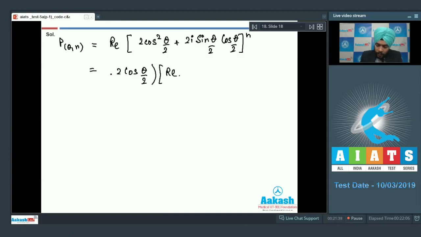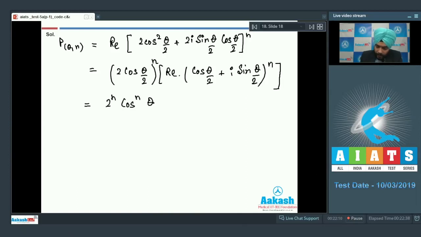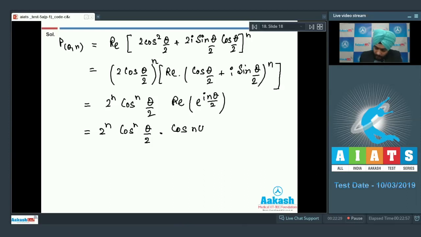Real part of (2cos(θ/2))^n (cos(θ/2) + i sin(θ/2))^n. This is 2^n cos^n(θ/2) times the real part of e^(iθ/2) raised to n, that is e^(inθ/2). So we have 2^n cos^n(θ/2) into the real part of e^(iθ), which is cos(nθ/2). That is the answer, P(θ, n).